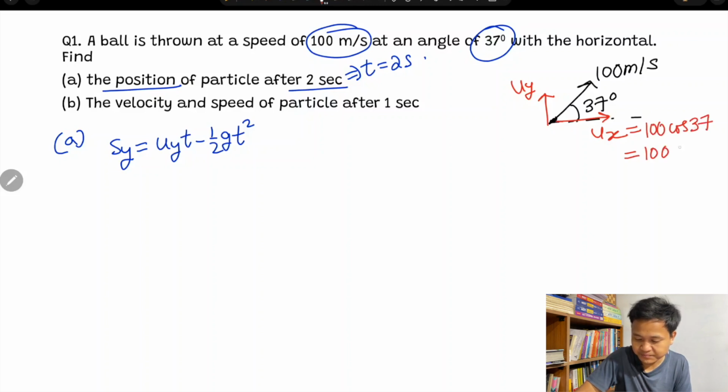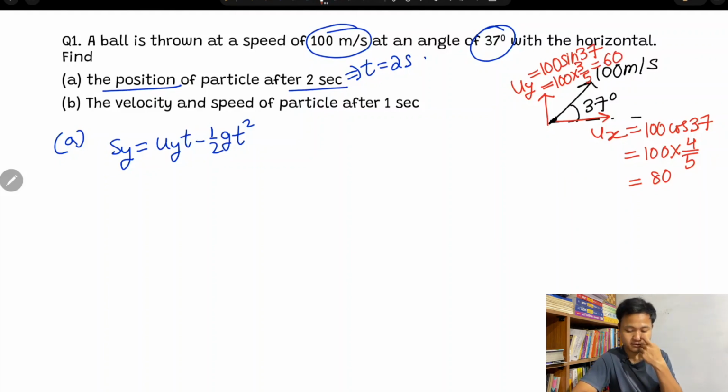Cos 37 is 4 by 5, so 5 into 20 is 100, so ux is 80. uy is 100 sine 37. Sine 37 is 3 by 5, so 100 into 3 by 5 is nothing but 60. So uy is 60, ux is 80.